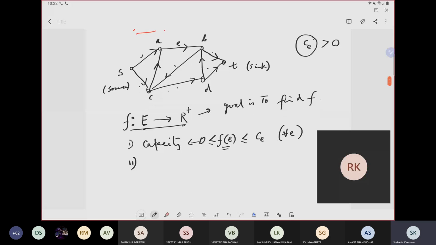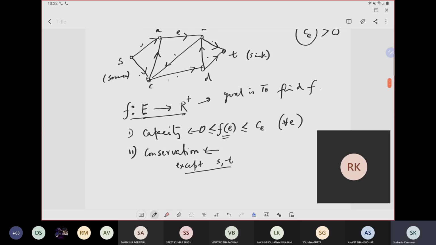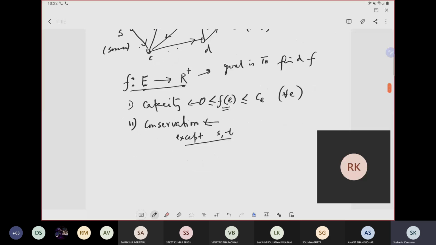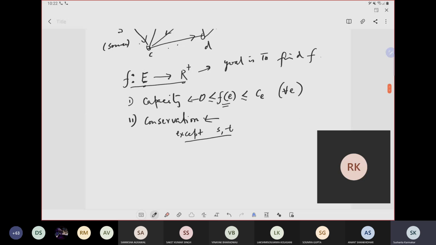The second condition is called the conservation condition. So what is this conservation rule? The conservation rule applies except at S and T. S is the source and T is the sink. So except at S and T, the conservation rule must be satisfied. What is that?